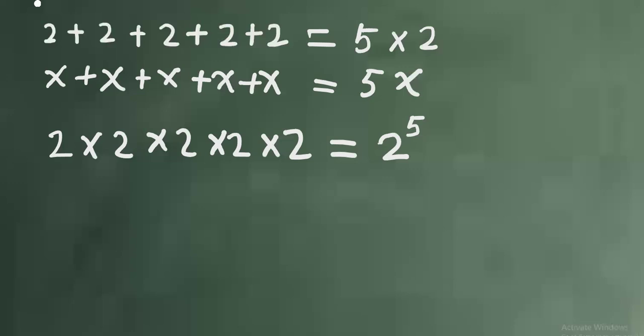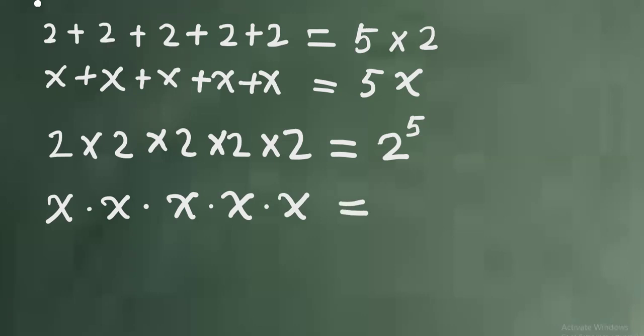Similarly, if we use x to replace it, x times x times x times x times x is 5 x's multiplied, which means x to the 5th power. So this means we can use a simplified written style to express the multiplication of the same number.